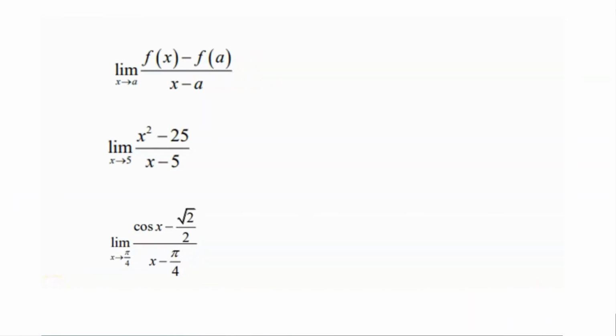All right, so we can also disguise the alternative form of the derivative. So this is the alternative form of the derivative, and we know that this is equivalent to f prime of a. So this should yield a value and not a function because we're plugging in an a value. So what we want to recognize is what f of x is and what a is.